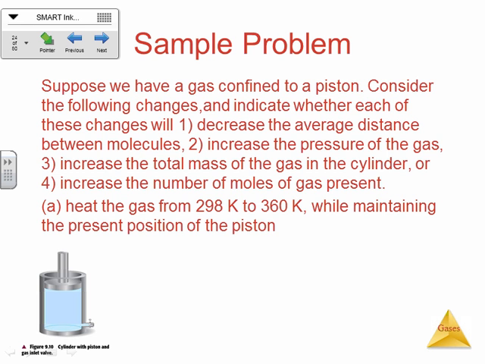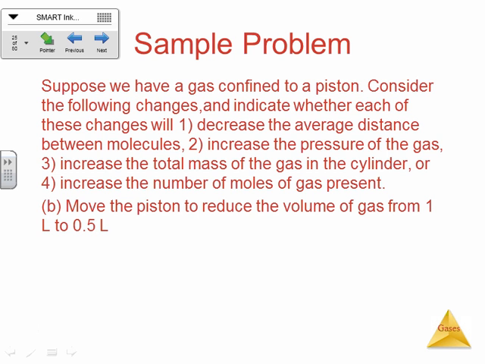What is that going to do? That's going to increase the pressure. Is it going to do anything else? That's pretty much it. I don't think it's going to do any of those other things because it can't decrease or increase the average distance between the molecules, and we're not adding any new gas into the cylinder.